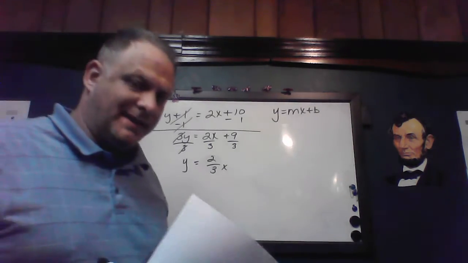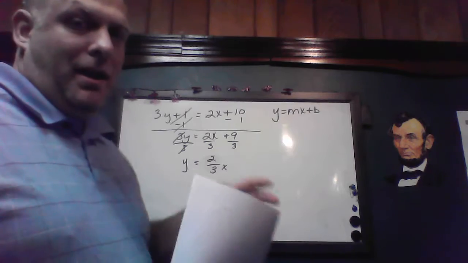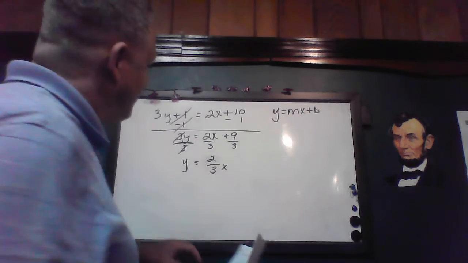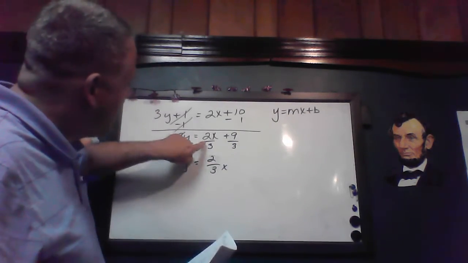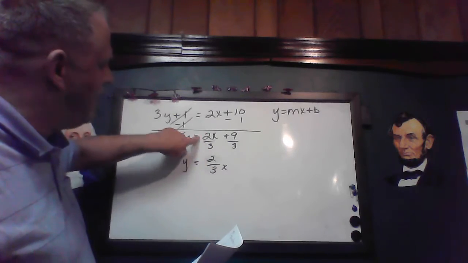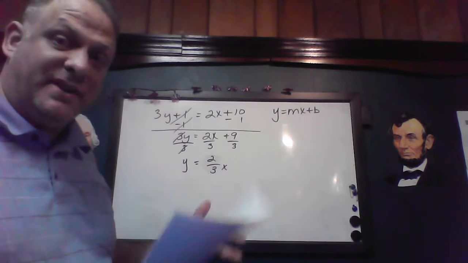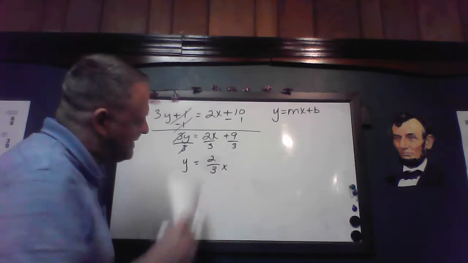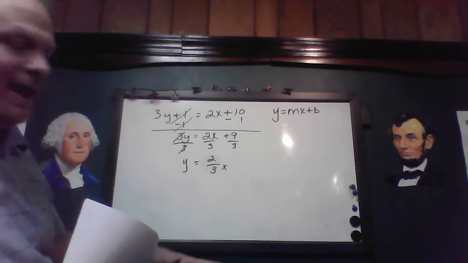That is the goal of this lesson. Not to get decimal points and things like that. So we can't do that here. We cannot divide 3 into 2x in this lesson. So we drop it down and get 2/3 x.